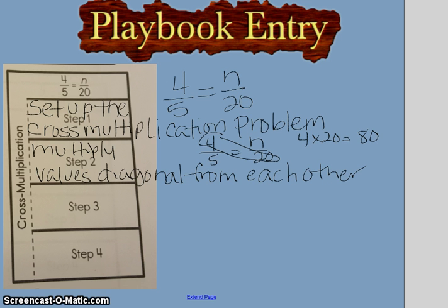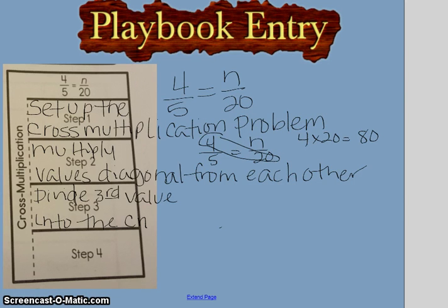And then step 3 is to divide the third value into the cross product.